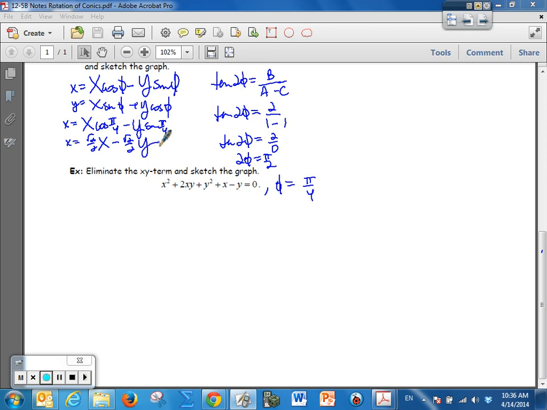Because, of course, it's the same pi over 4. So that's our little x. Little y, I'm running out of room, I'll put it over here. Little y is x sine pi over 4 plus y cosine pi over 4. So it is root 2 over 2 x plus root 2 over 2 y.